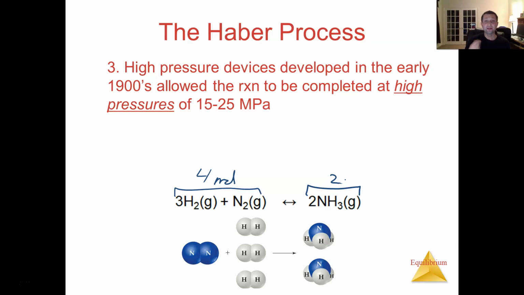Okay, so if I increase the pressure by a lot, it's going to cause the reaction to shift in such a way where the pressure will decrease again. So if there's 4 moles of gas on the reactant side and 2 moles on the product side, if I make a really high pressure system, the reaction will shift to the right to decrease that pressure, creating more NH3.